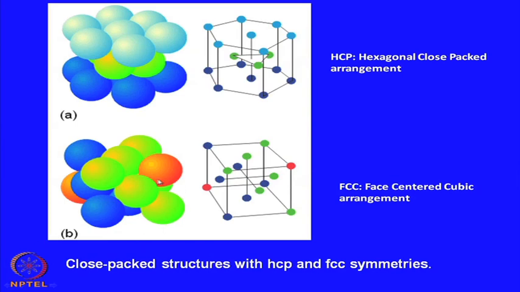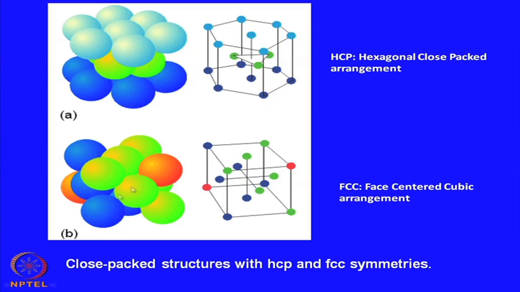There is another arrangement, which is also a very simple geometry. In this case, the layers are slightly inclined. They are not horizontal layers, but you can see the green one is one layer, the blue one is another layer, and the orange one is another layer. The orange layer has only one atom drawn, the other atoms are missing here.